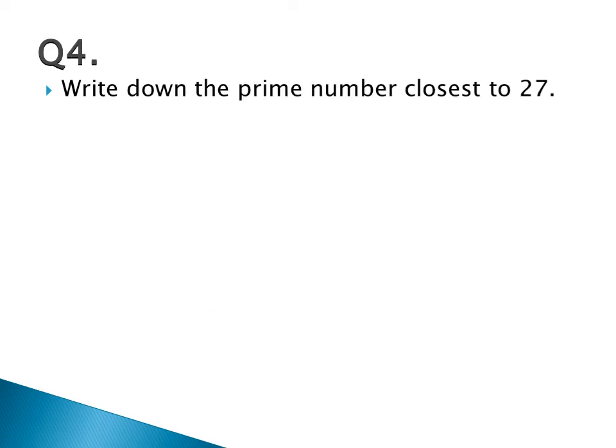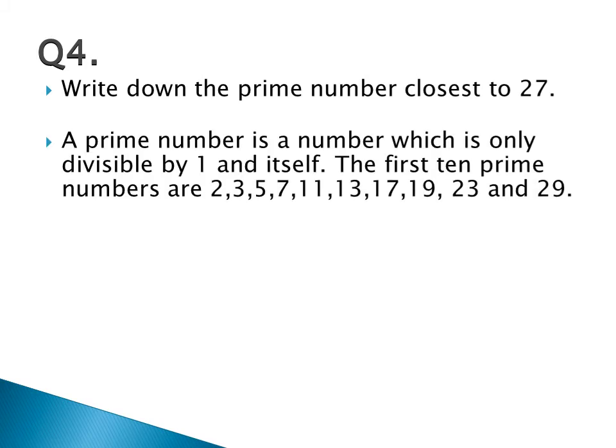The next question says, write down the prime number closest to 27. Okay. First of all, a prime number is a number which is only divisible by 1 and itself. The first 10 prime numbers are 2, 3, 5, 7, 11, 13, 17, 19, 23, 29, and so on.